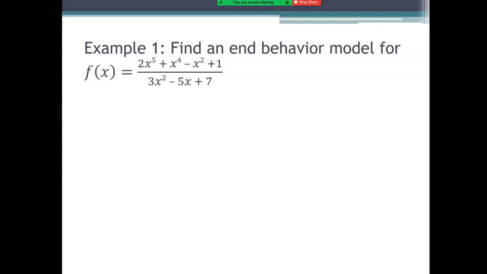However, if you just compare the highest coefficient from the numerator to the highest coefficient of the denominator, they behave like 2/3 x cubed.